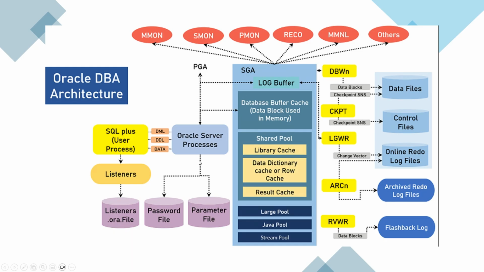Okay. So whenever you start, it reads the parameter file, then it allocates memory and starts background processes. That is nothing but an instance. So your instance will be available when you start your database instance. Okay. So let's magnify on the SGA part here. Okay. SGA.